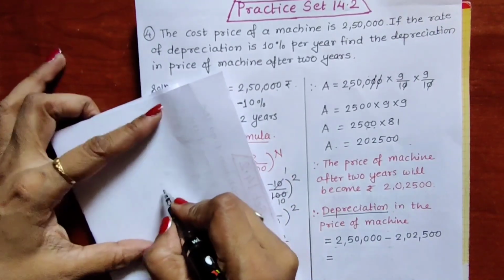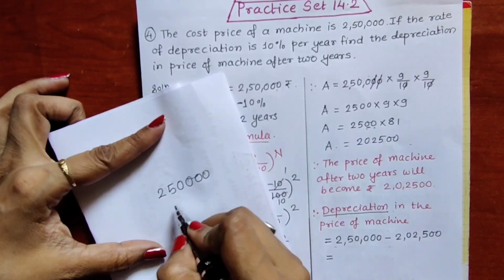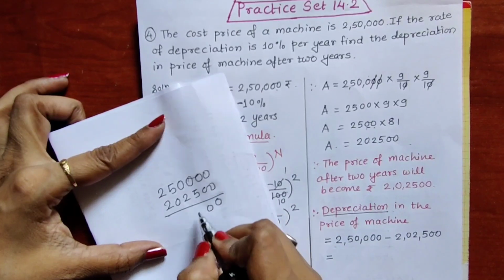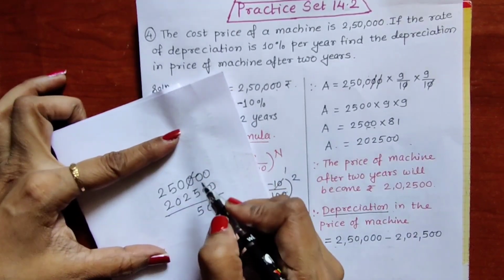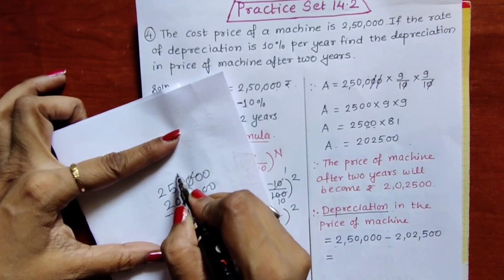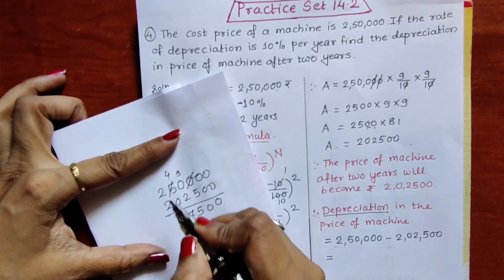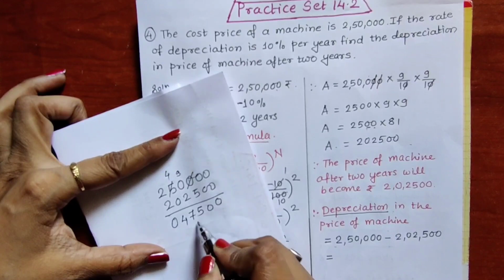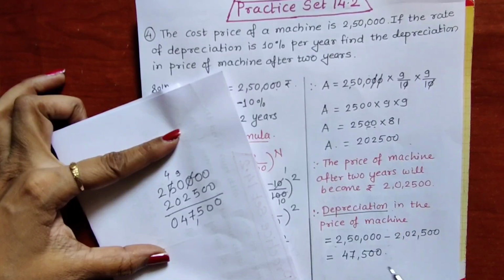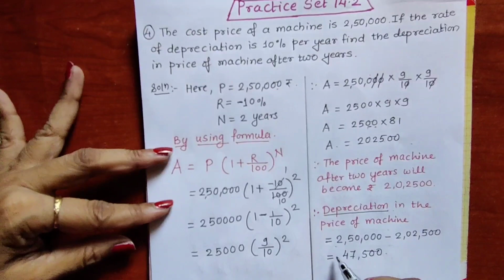So here I will be writing 2,50,000 minus 2,02,500. Subtract. This is 10. We have to take borrow, and then 9 here. 9 minus 2 is 7. It has become 47,500 rupees.